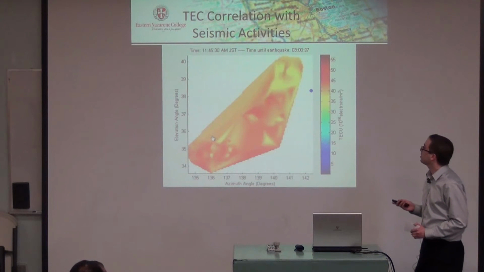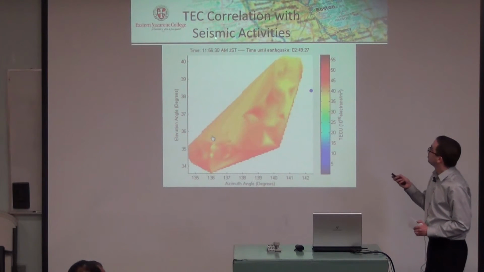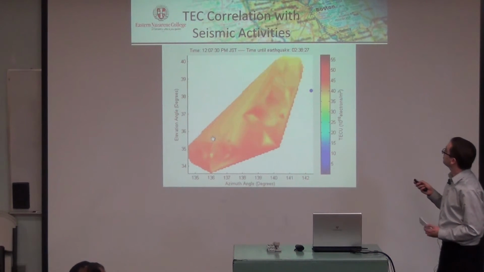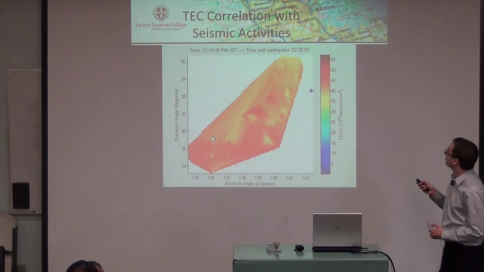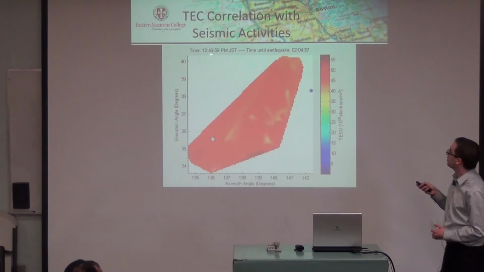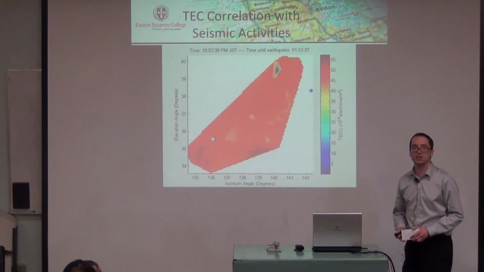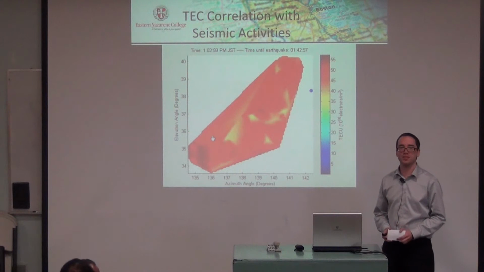Also explain the time. When the earthquake is approaching, on the right-hand side, you'll see the time until the earthquake is about 2 hours 26 minutes. And then the Japan Standard Time is right there. So is that good enough explanation for you?